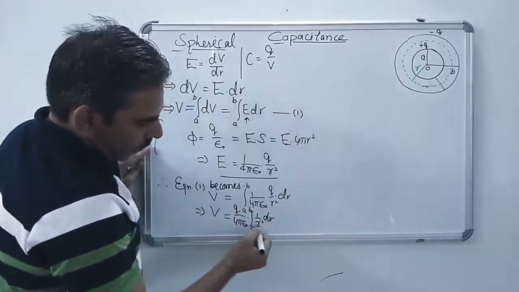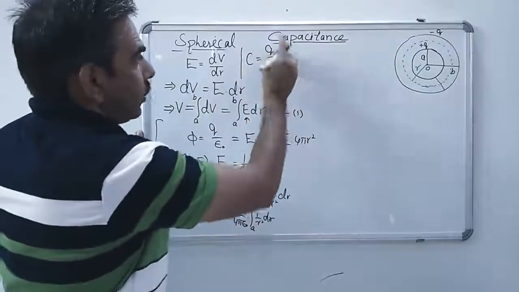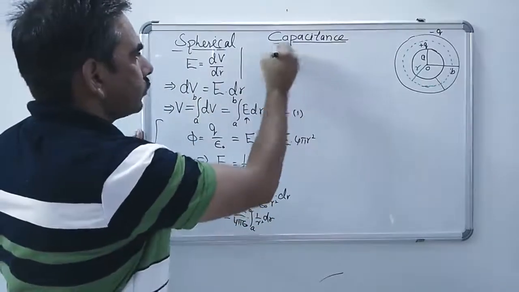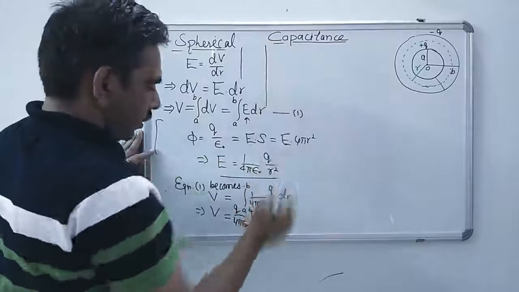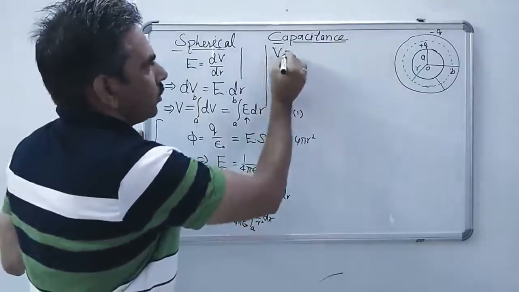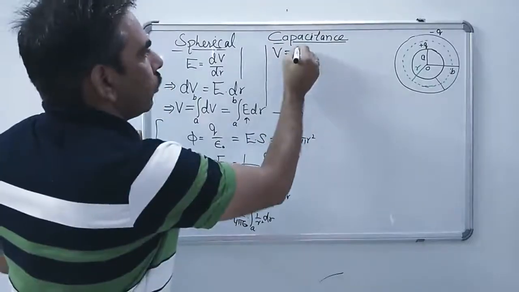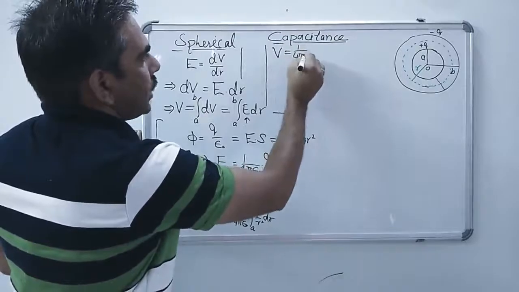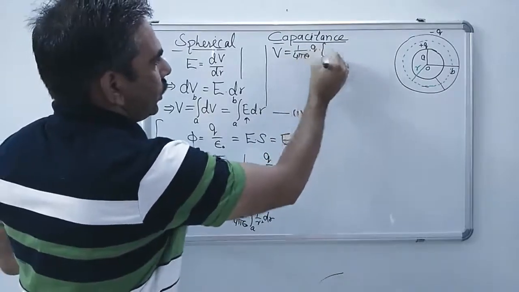So we can simply find out this value, and from here we can write the potential to be 1 upon 4 pi epsilon naught into Q into integration.